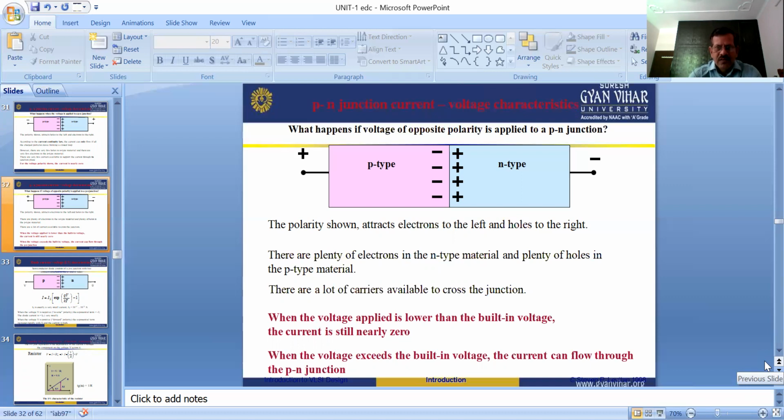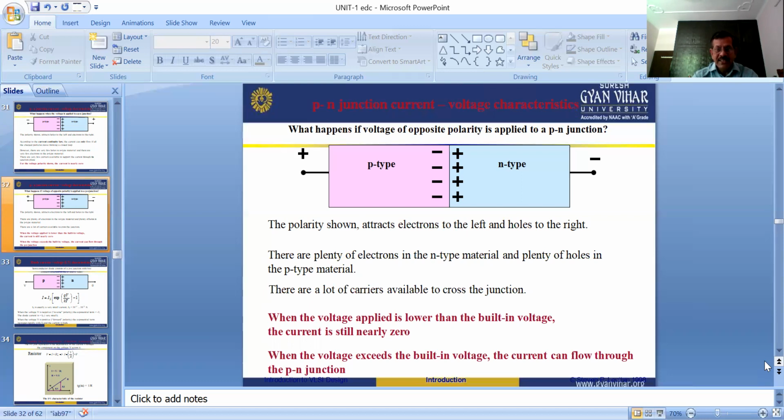So when the applied external voltage is lower than the built-in voltage, the current is still nearly zero.